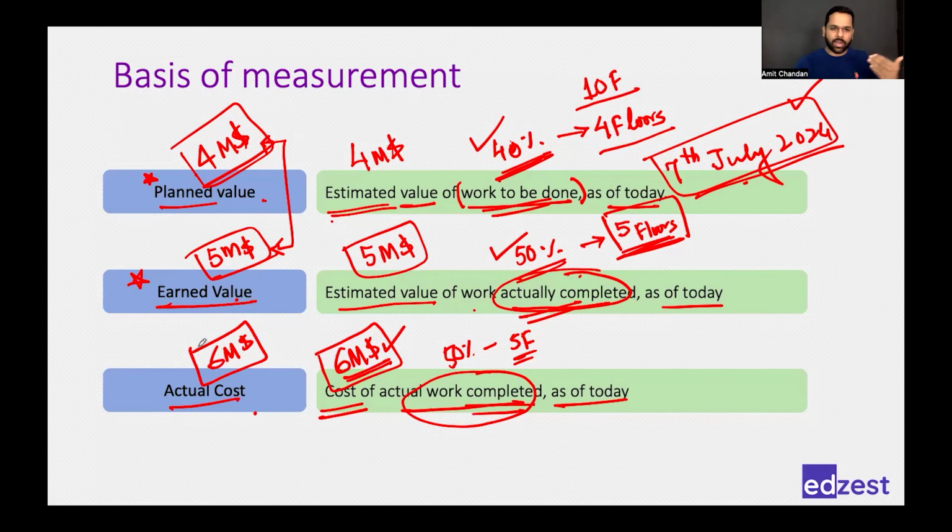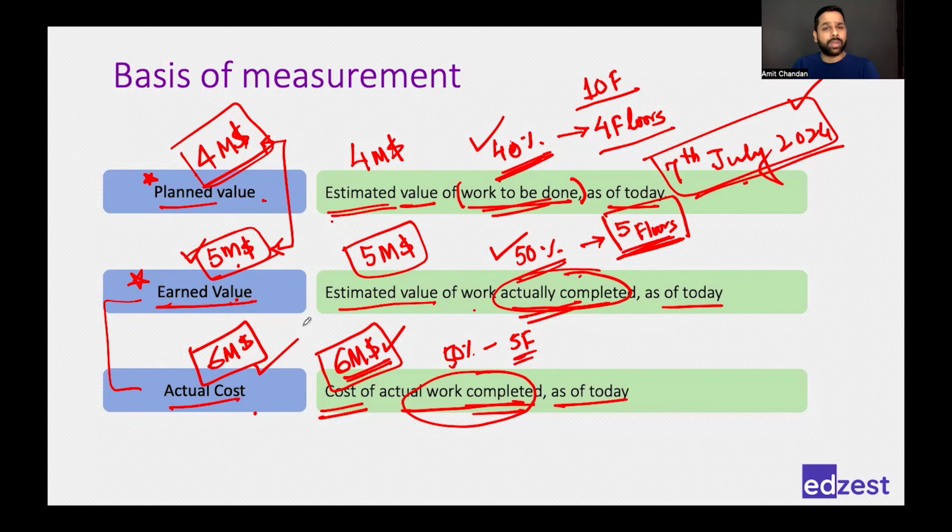Now let's compare the earned value and actual cost. What does this tell me? It tells me that on 7th July 2024, I have earned $5 million, but I have spent more. I have spent $6 million, which means I'm not doing good in terms of cost. I'm not doing good in terms of money.